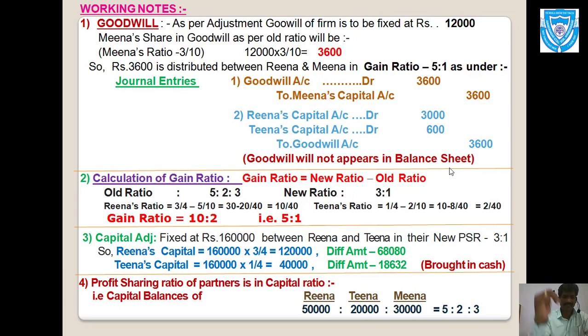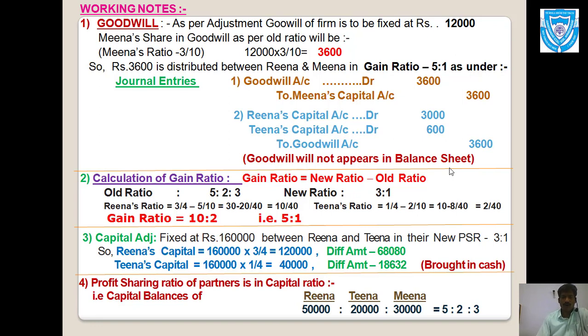Again, here in working note number 2, I have given the calculation of gain ratio. Gain ratio is equal to new ratio minus old ratio. You can see the calculation of gain ratio, and we at last got gain ratio equal to 10:2. That means 5:1, and this goodwill is then distributed in the ratio of 5:1, and we have passed 2 journal entries for this. You can see on the screen journal entries.